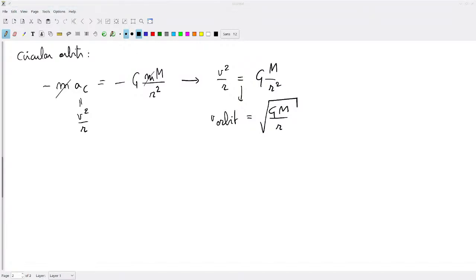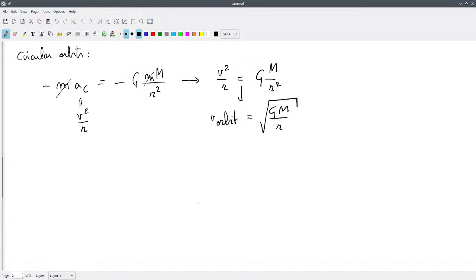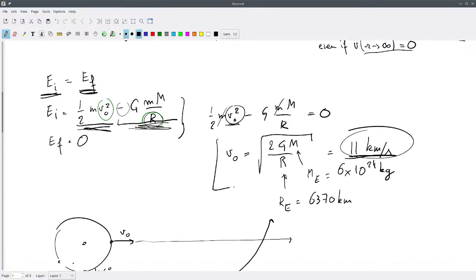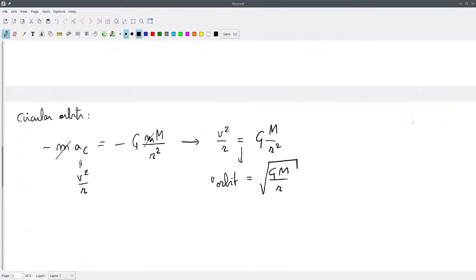Notice, by the way, that this is related to our escape velocity, or looks similar to the escape velocity which we had just derived here. Maybe I should have written escape here. So that's our escape velocity. This has a factor 2 here. In our case, we don't have a factor 2, so this is actually 1 over square root of 2 of the escape velocity.